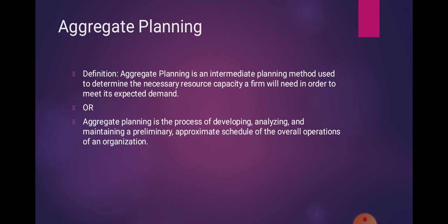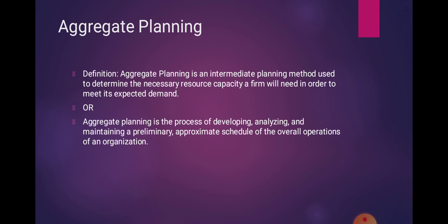The term aggregate is used because planning at this level includes all resources in the aggregate. For example, for a product line or family, aggregate resources could be the total number of workers, hours of machines, or tons of raw materials.